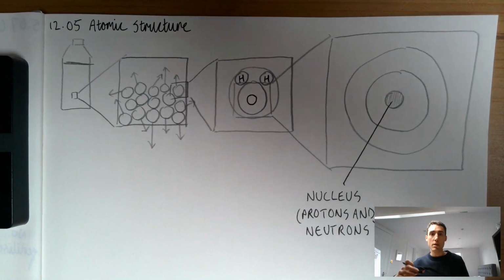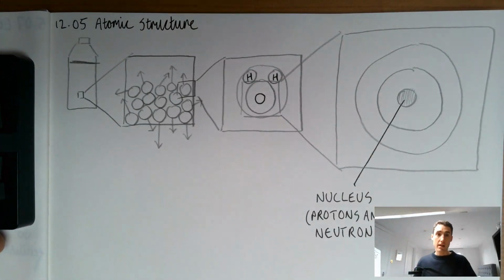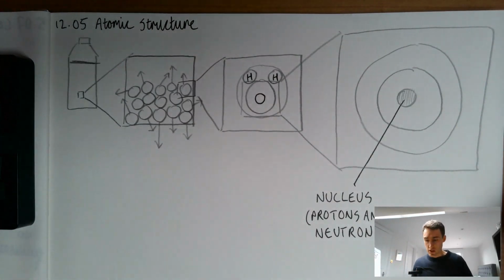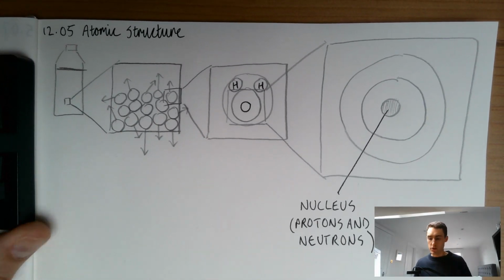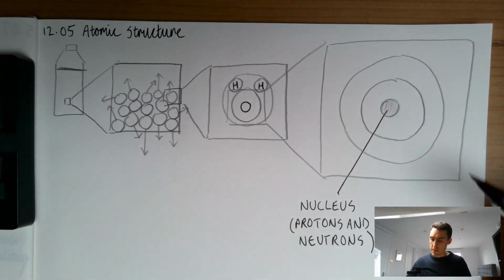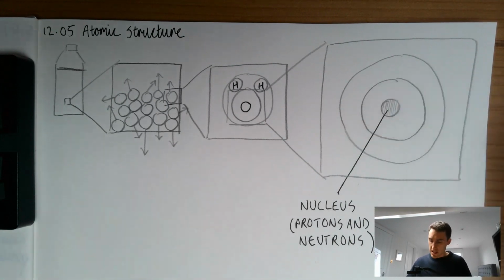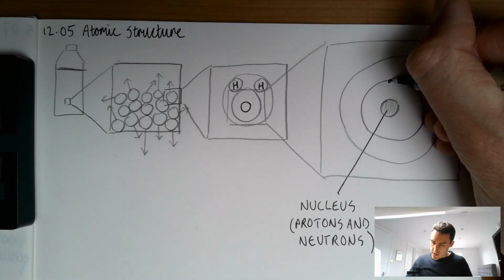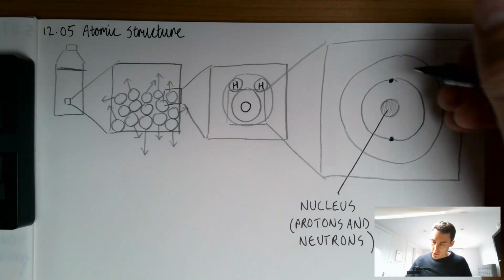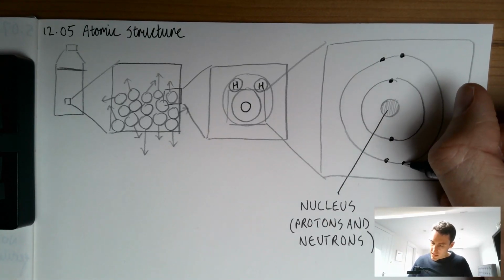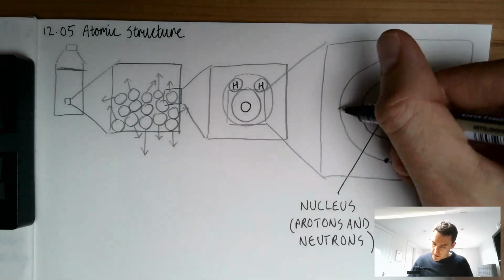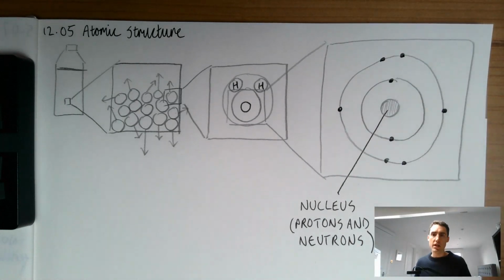I'm then going to check on whiteboards that they were listening, and then I'm going to get them to make the notes themselves. What I will do though is I'm going to tell them where the protons and neutrons are found, and that's inside the nucleus. I'm then going to tell them that these are the energy levels, and what we find is that the electrons are on the energy levels. And again, we don't need to go into why this is the case yet, but I'm going to draw the 6 electrons on the outer shell, the 2 on the inner shell.